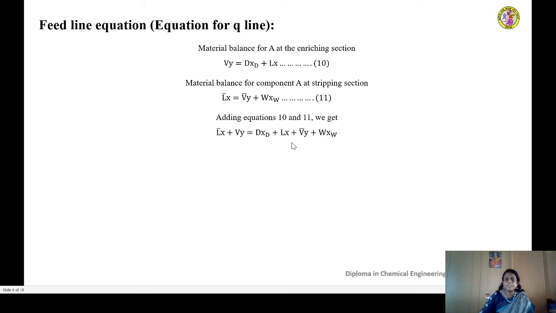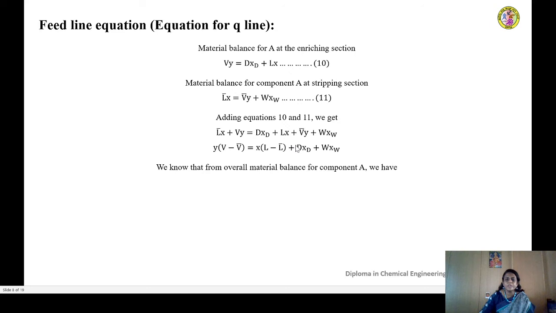So keep this dxt and Wxw together on the right hand side itself. So that is how we can rearrange the equation. Shifting V bar Y to the left hand side, Y is common, taken out, so inside you'll have V minus V bar. In the same way, we should shift this term to the right hand side. So X is common, and in the bracket you'll have L minus L bar, plus dxt plus Wxw.